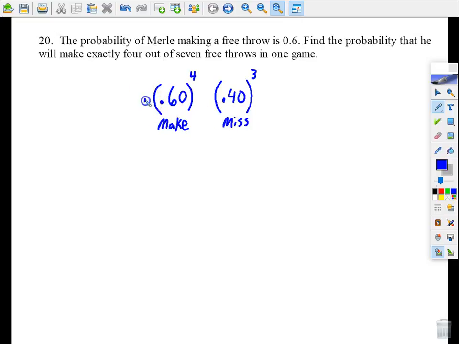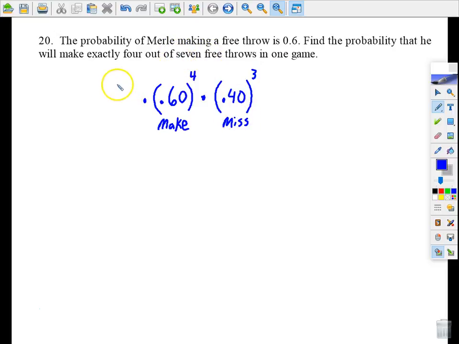Now remember, we're using the binomial theorem really to answer this question, but we're only choosing one of the terms. If we expanded this whole binomial out, it would be 8 different terms in the expansion. But we're only selecting the one that's needed to answer this particular problem.